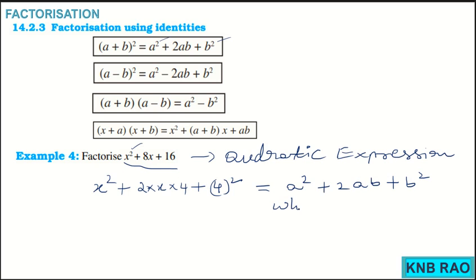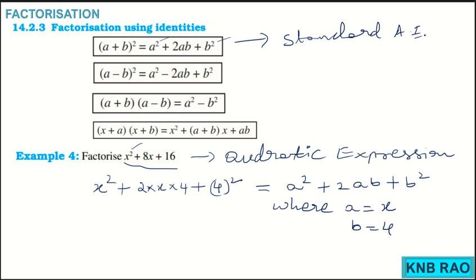where a is substituted as x and b is substituted as 4, and we know this standard algebraic identity one tells us that a square plus 2ab plus b square can be written as a plus b whole square.